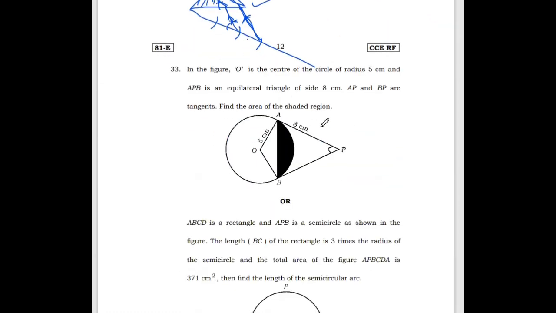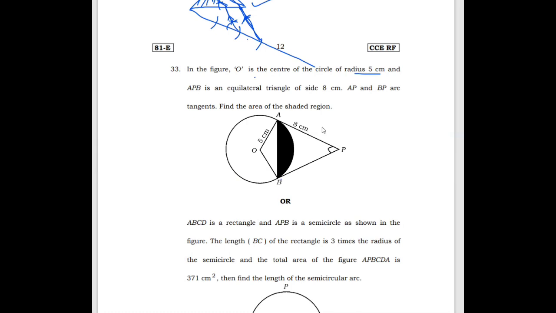Next, question 33. It is a very important question which most of them were asking me, sir, how to solve this. It requires a little thinking, that's all, not very complicated. Now let's go to the question. Radius is given. They're saying this triangle APB is an equilateral triangle of side 8.